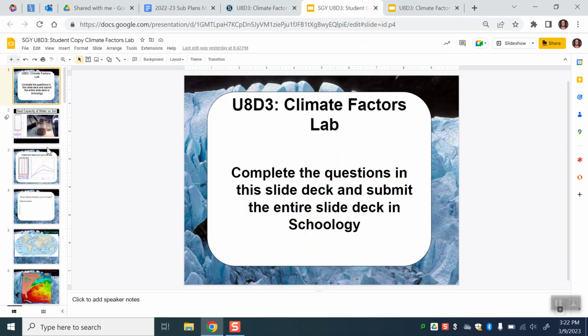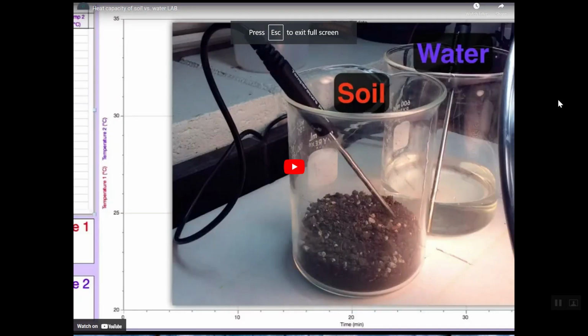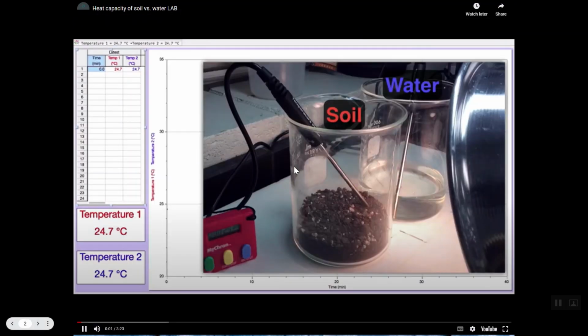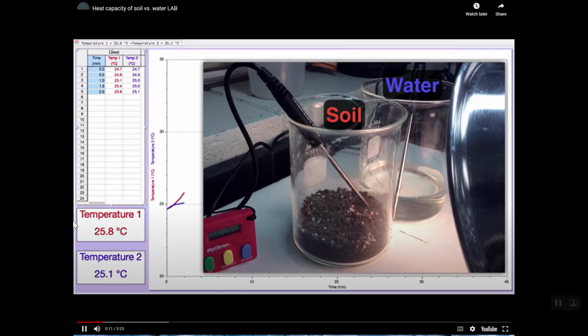And I do want to walk through one more thing with you just to make sure you understand the heat capacity of water and soil. So if we did an experiment here, and I played this, you would see putting soil in a beaker, putting it on a heating element, and have water, what is happening, and notice the graph here as time passes.